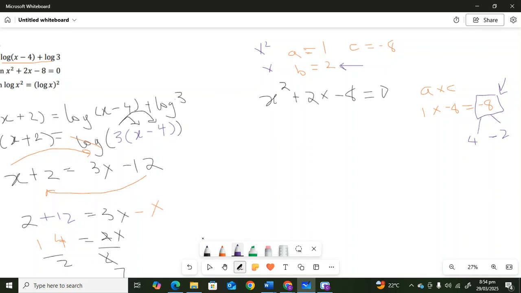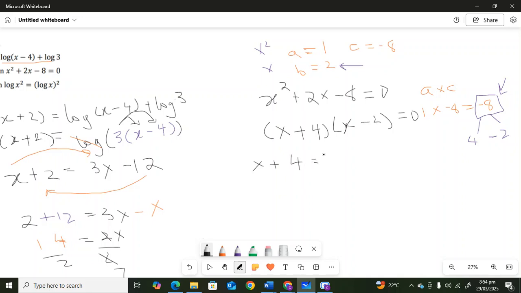Now once you've found those factors, you just write it like this: x plus 4, x minus 2, equals 0. And you solve. x plus 4 equals 0.